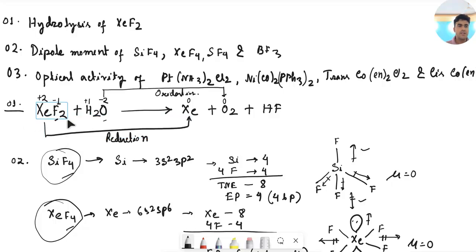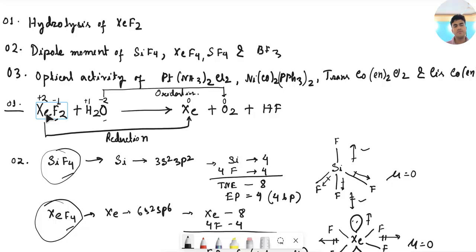So first, XeF2 and H2O. Hydrolysis reaction, that means H2O will come. If you see the oxidation states, Xe is +2 and fluorine is -1, and in H2O, hydrogen is +1 and oxygen is -2.